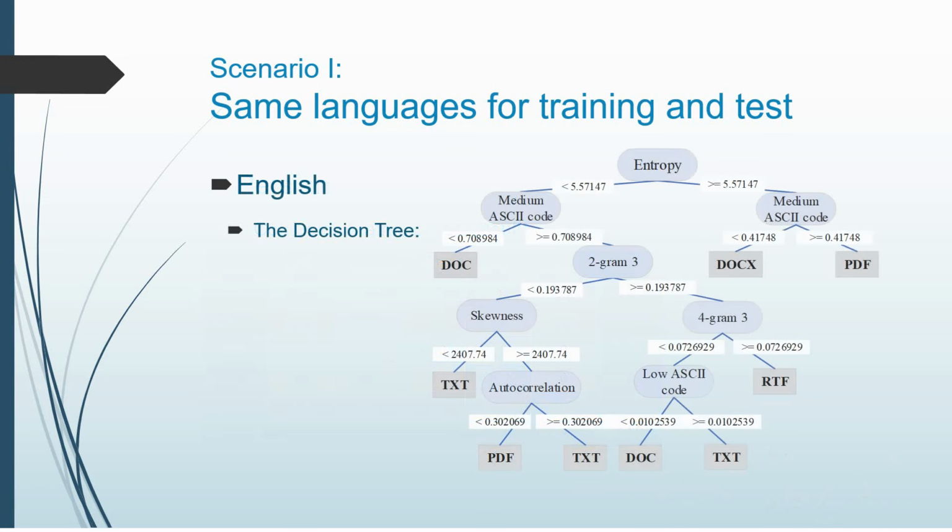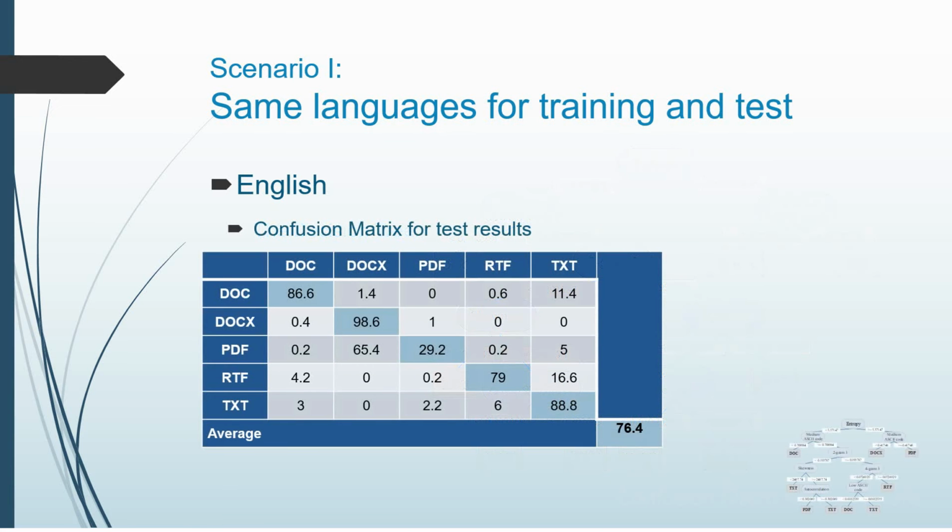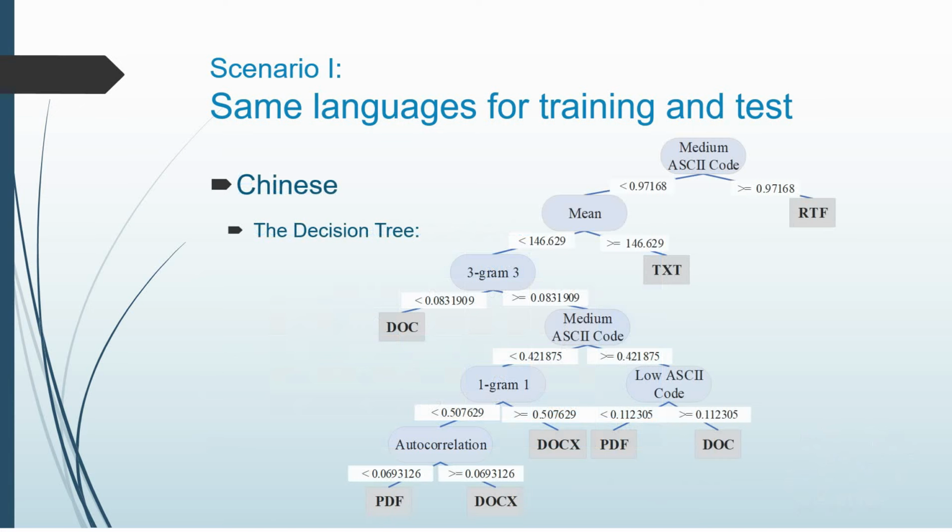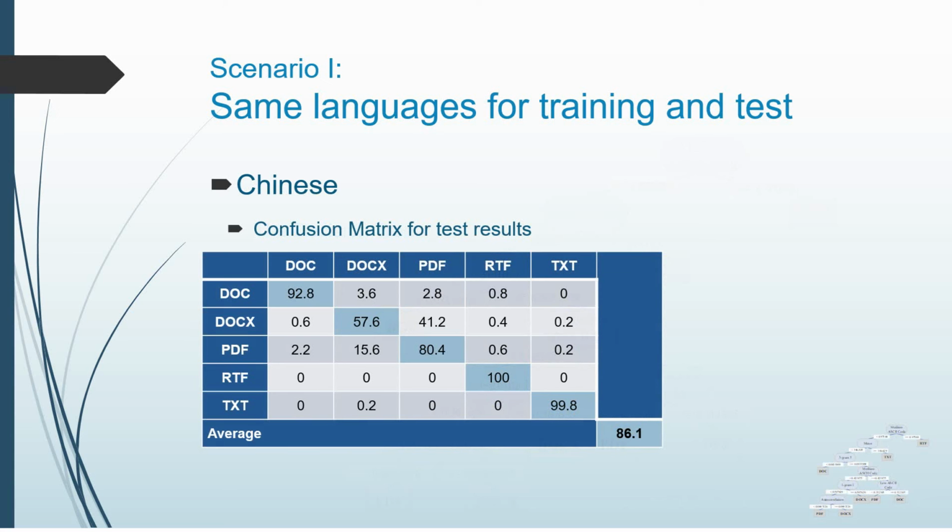When we use the same scenario for English language, you can see the results here. Entropy is the most important feature, and the average result is around 76%. For Chinese, we have median ASCII code as the most important feature, and the average accuracy is around 86%.